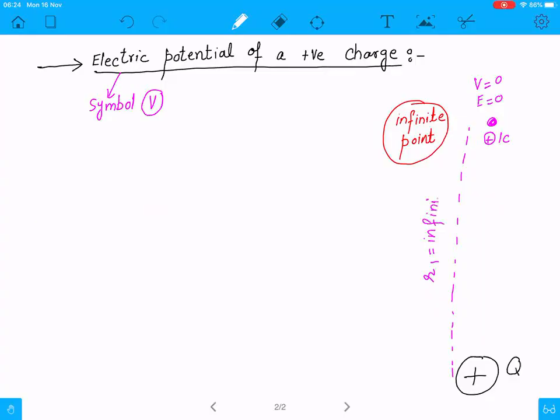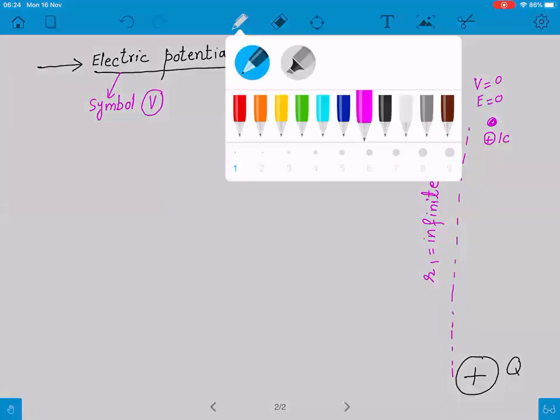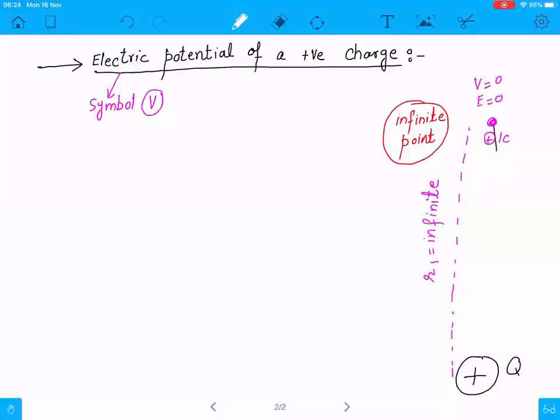So we are starting from the infinite distance. And then this charge is moved to a point P, which is at a distance of smaller r from the positive charge.